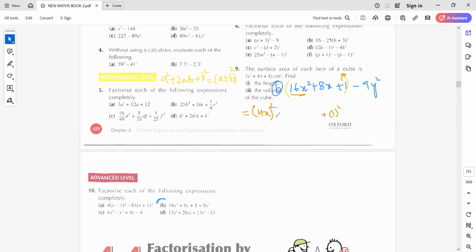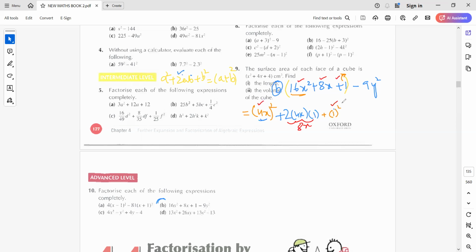Now let me check whether I can write it down in this format or not. 2, then a is the first term, 4x, then b in this case is 1. Let me check. What do I get? 2 fours are 8, 8x times 1, 8x. Yes, I get the middle term.